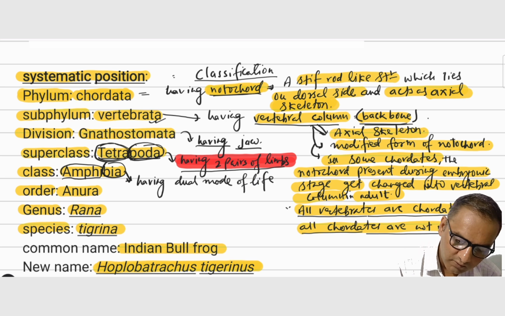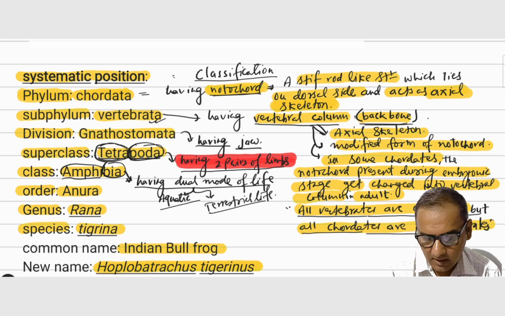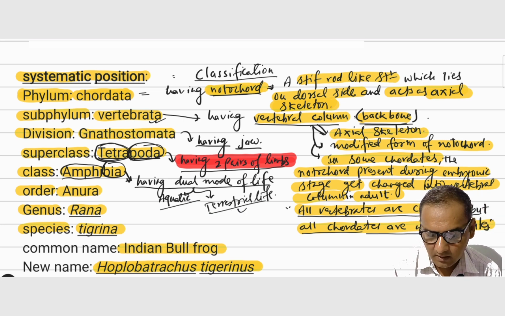The dual mode of life means aquatic life as well as terrestrial life. It means that the amphibians can live in water as well as on land.